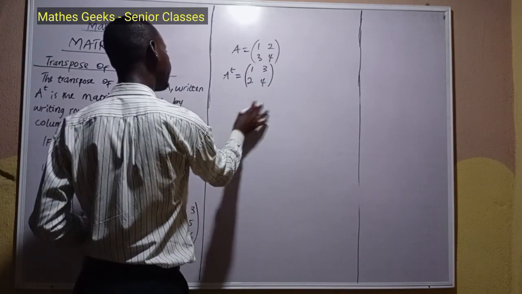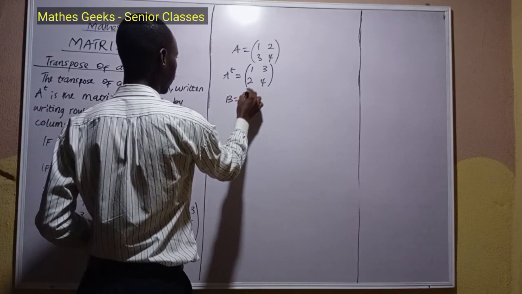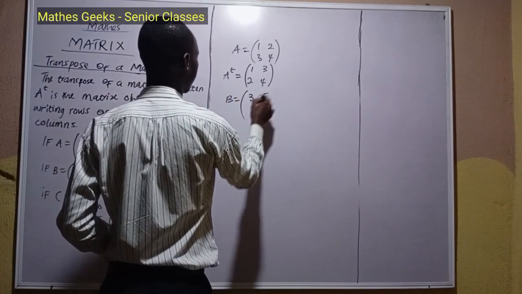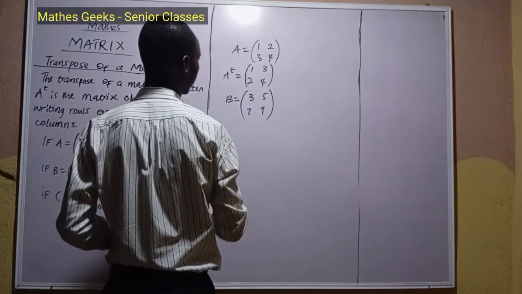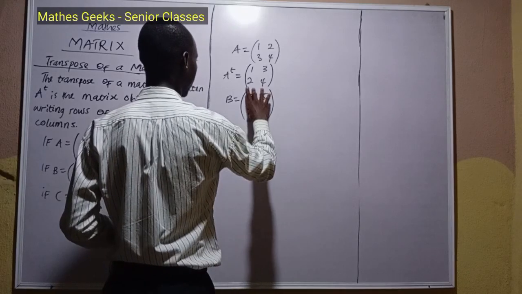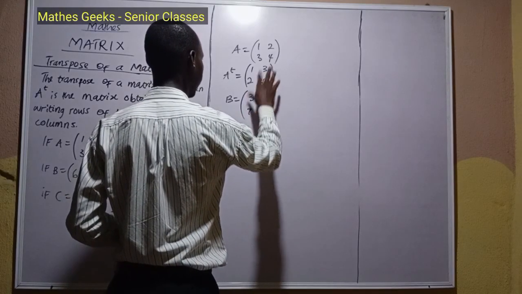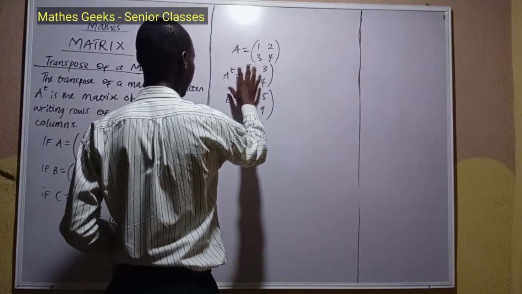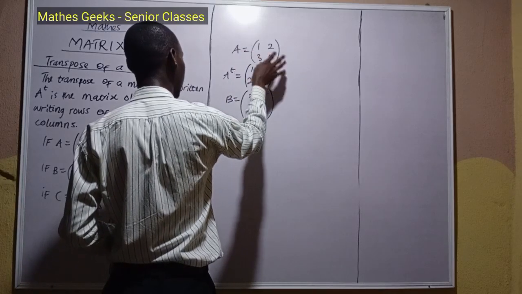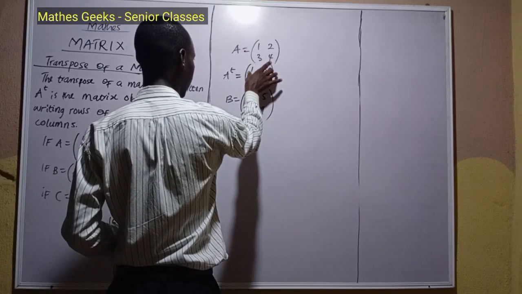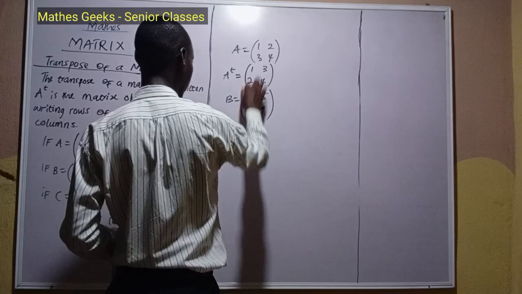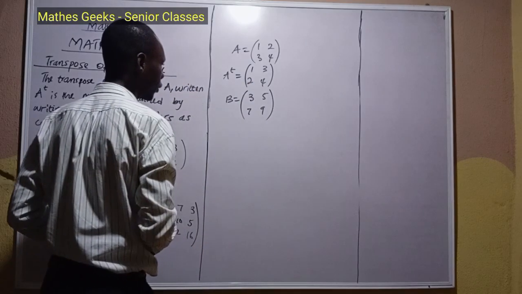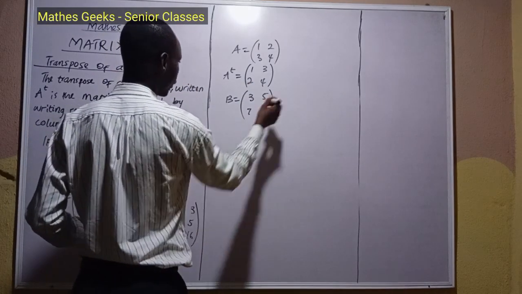If we're given that B equals 3, 5, 7, 9, in the first case we decided to write the transpose of matrix A by writing the row as column. Now we're going to write the column as rows.